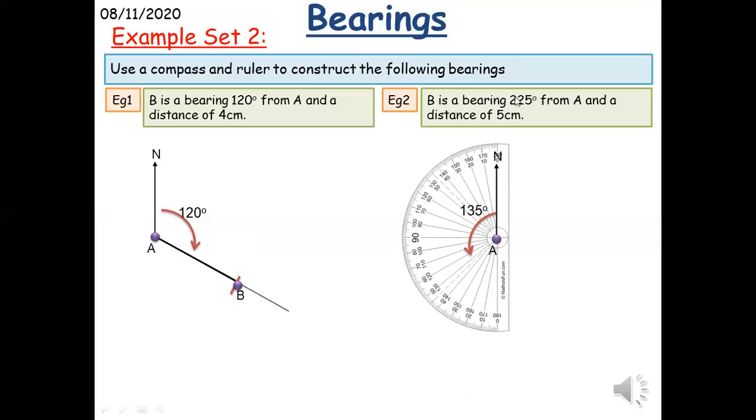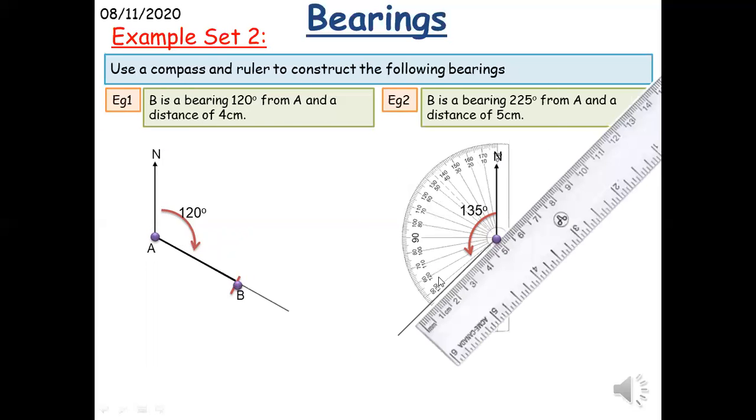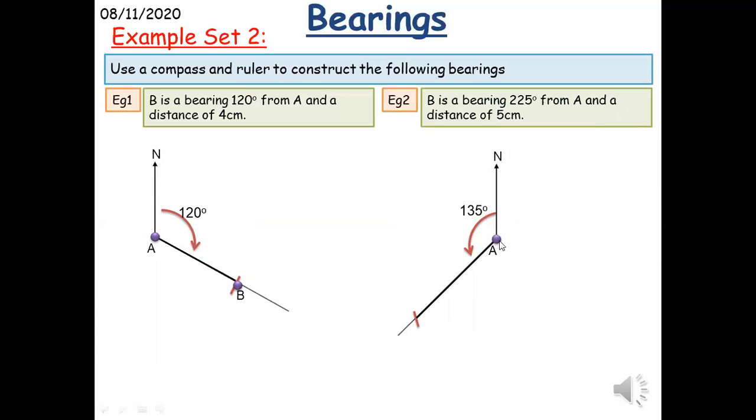When I subtract 225 from 360, it gave me 135. And I can get this angle from the opposite side, draw the line and measure it with the ruler, which is going to be 5 centimeters. So this is going to be my point. So my bearing from here, from north till B, is going to be 225. Okay.